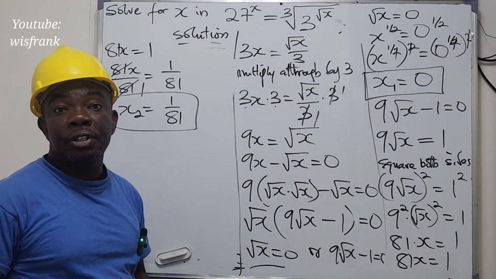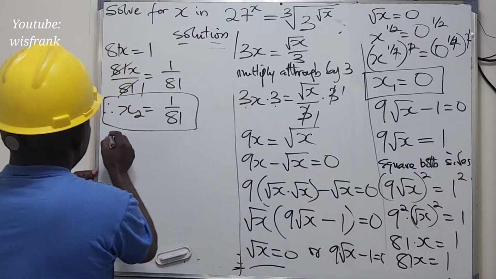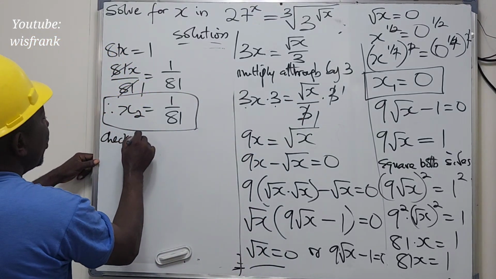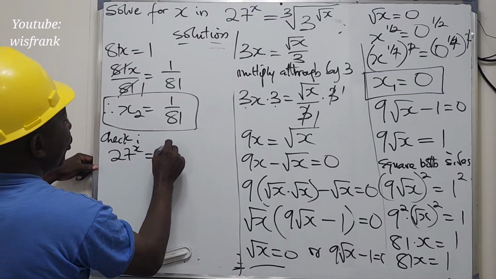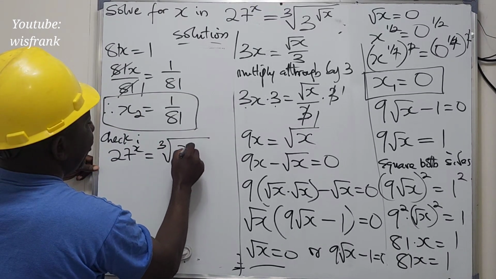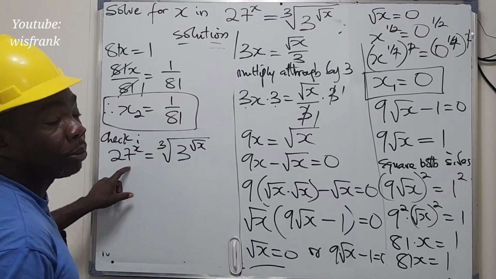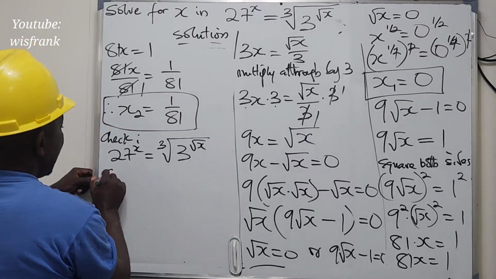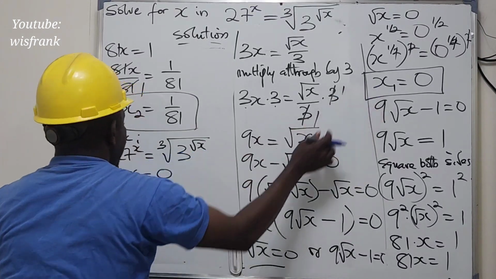We can do a very little check for us to see whether both of them satisfy that. So we say check when we have 27 to the power of x equals cube root of 3 to the power of root x. So we are going to substitute the value of x, at x equals 0.